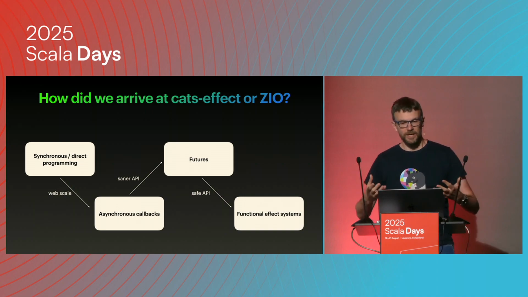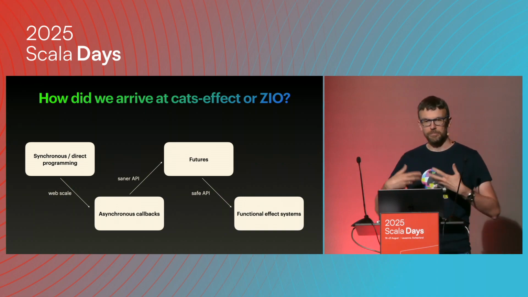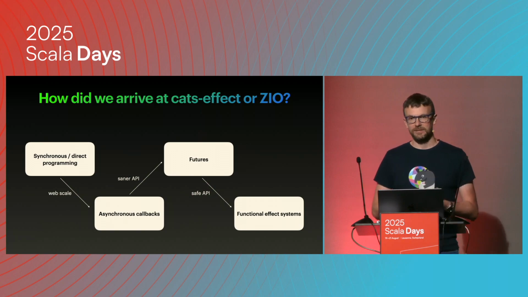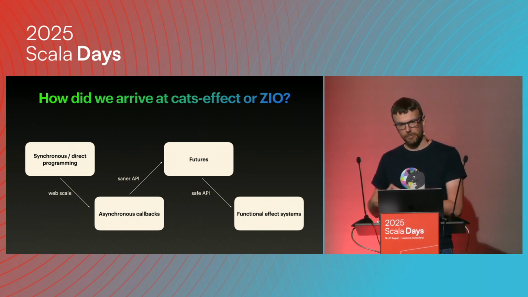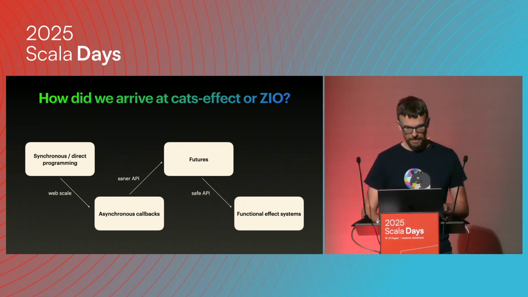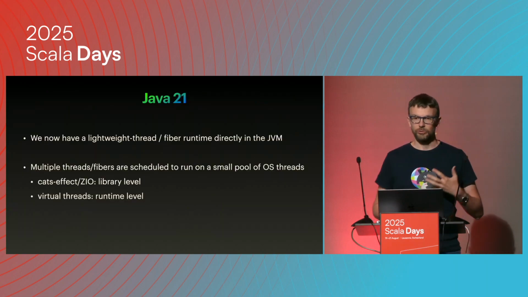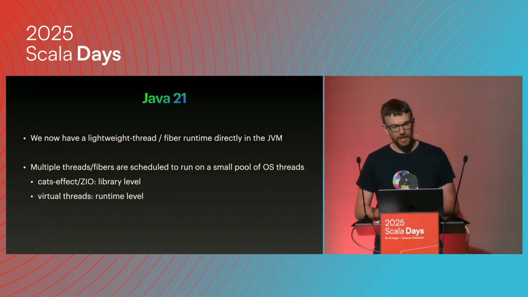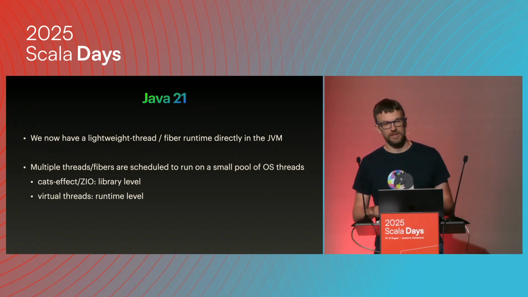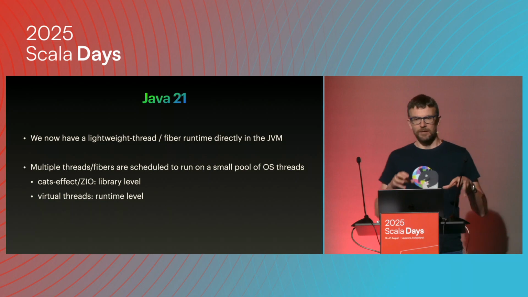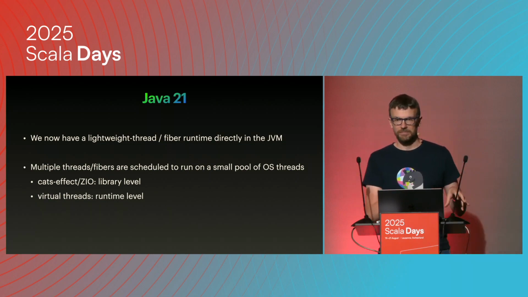So it all came from the need to have more performance and to utilize the resources, the operating system resources, the threads better. So now we can actually do it differently, right? With Java 21, we have a lightweight thread runtime built directly into the JVM.